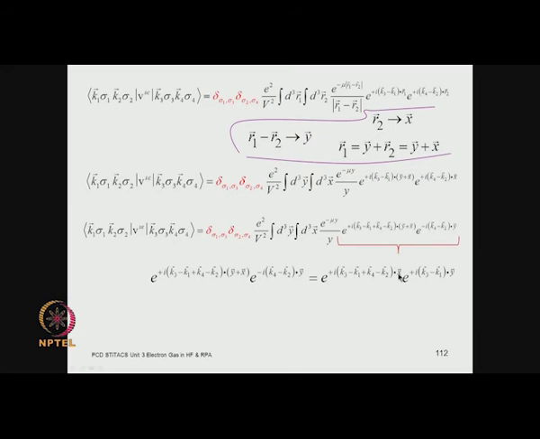So I separate it out into this term, which has got x alone, and then this term which has got y alone. So you're left with only k3 minus k1 dot y when you take the balance correctly. Okay, so that's what we have got.